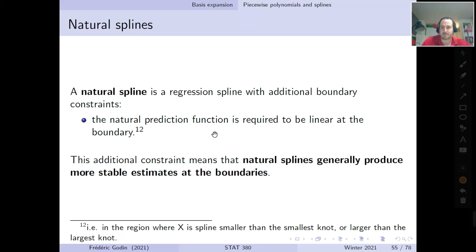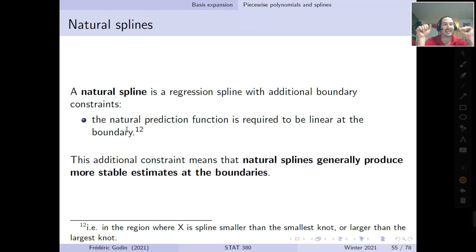Okay, so a natural spline is a regression spline, which we've discussed earlier, with additional boundary constraints. The typical way to do that is to have a piecewise cubic function. So for all subintervals, the polynomial is cubic, but for the very first one and the very last one, you impose an additional constraint to force them to be linear.